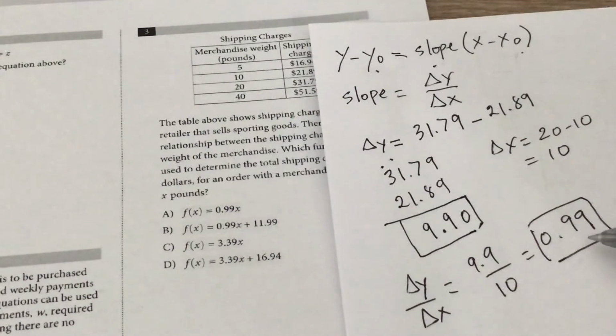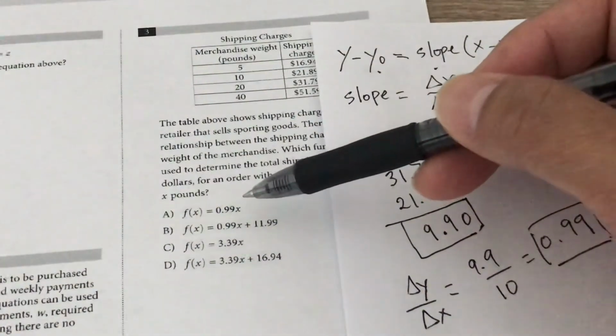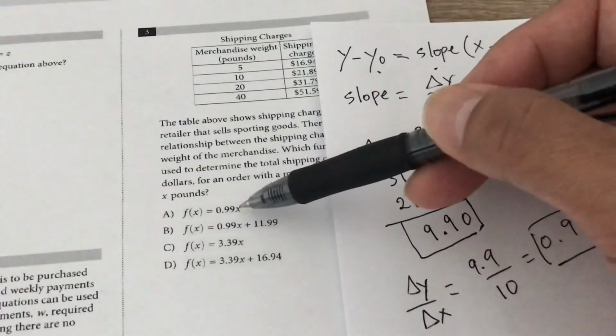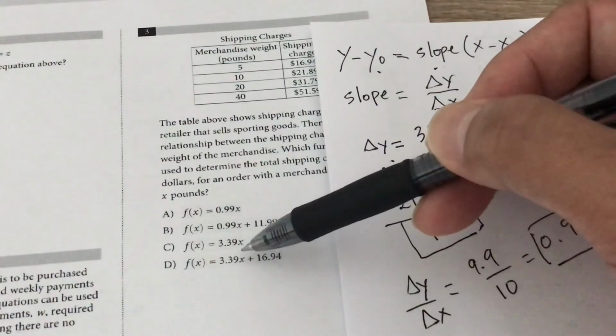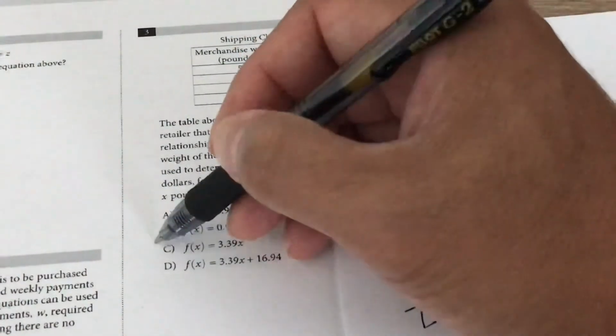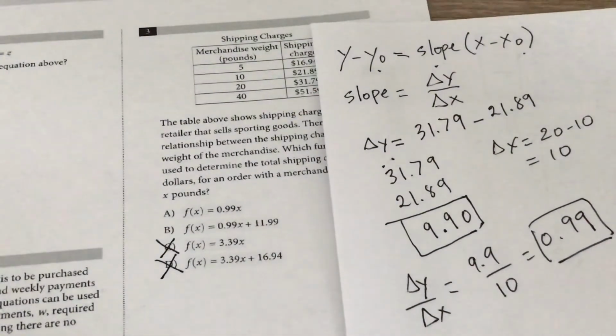So the slope is 0.99. So I will look here and see which one is not 0.99. This one 0.99, this one 0.99. This one is not, this one is not. So C and D are not the choices.